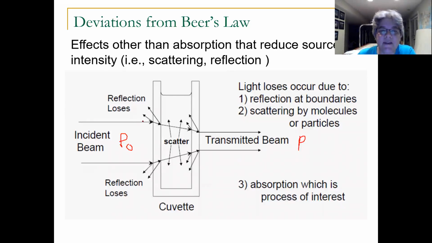Some of the light may hit that cuvette and bounce off. Some of it may hit some particles in here and scatter. So these will make my absorbance or transmittance wrong, because I have other processes. So that's another reason that Beer's law will sometimes not follow the rules. And we will look more at these deviations when we get into chapter 4.